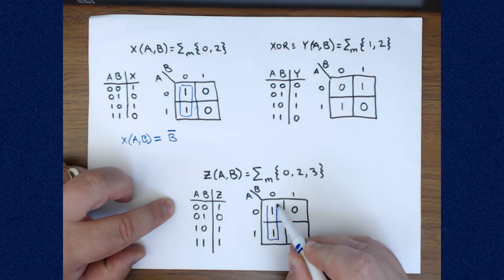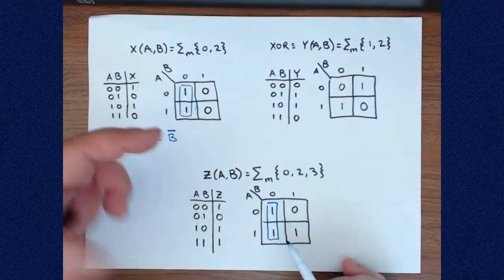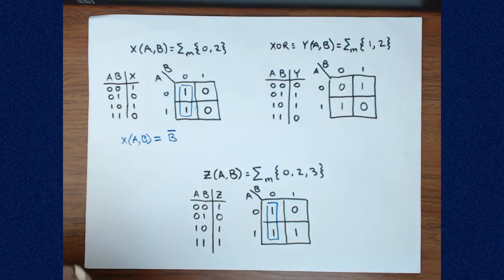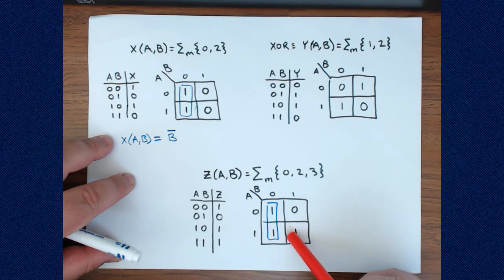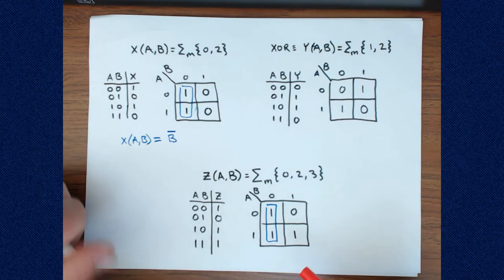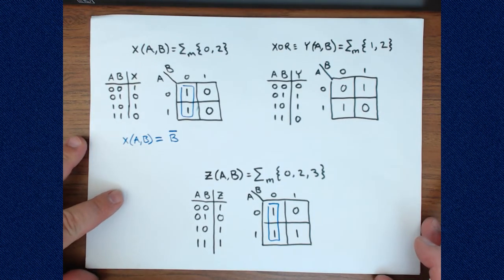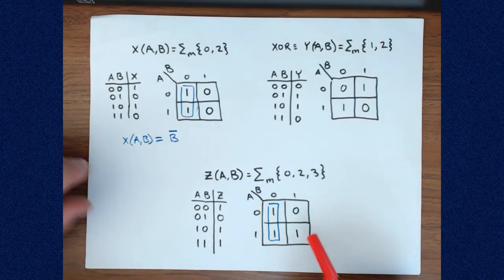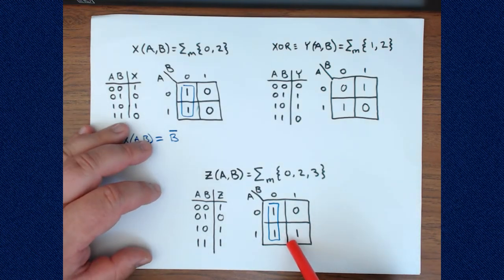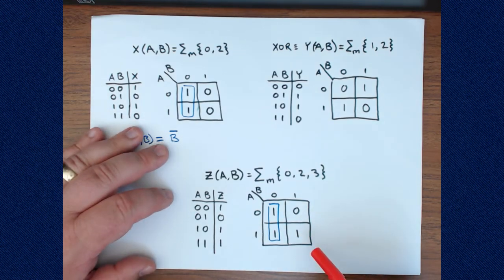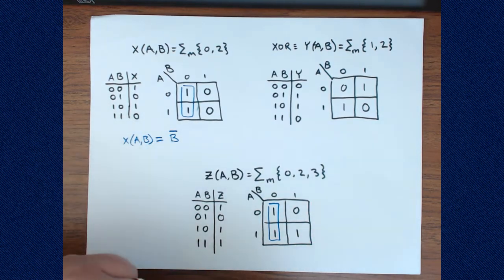Here's one rectangle I can see because it's just like the other one. But I still need to get this one somewhere. I could put a rectangle around it, but remember that one of the rules of thumb is not only do we want the rectangles to have an area that's a power of 2, and 1 is a power of 2, we want these rectangles to be as big as possible.